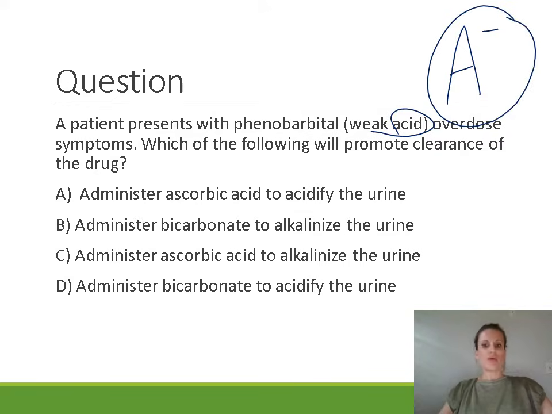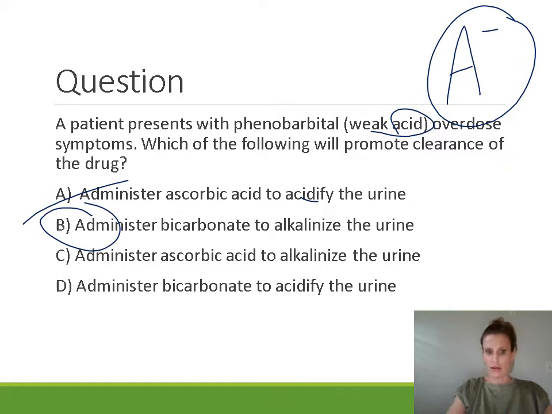So how can we make the urine more basic? Administer ascorbic acid? No, that's going to acidify the urine. Administer bicarbonate to alkalinize the urine? Yes, that sounds good to me. Administer ascorbic acid to alkalinize? No, we want to alkalinize, but ascorbic acid won't do that. It'll make it more acidic.